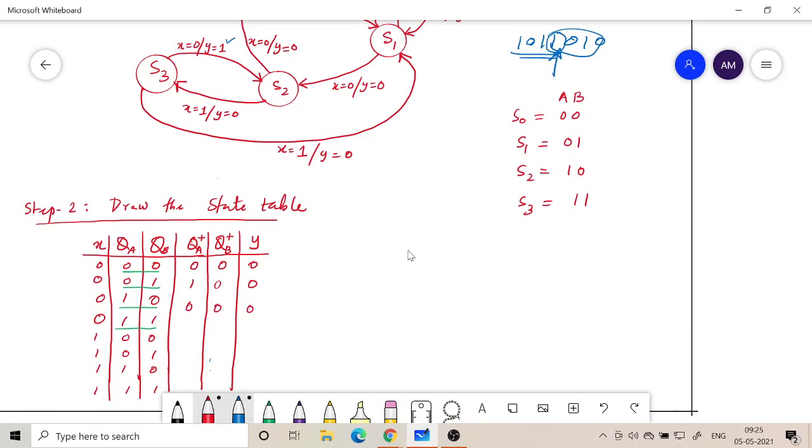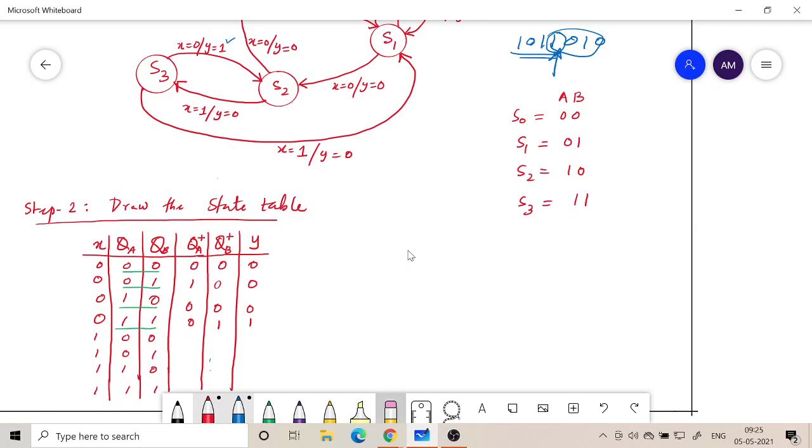When I am at S3, that means 1 0 1 we have detected, and then I am getting another 0, so my output will become 1. And where do I go? I go to S2.